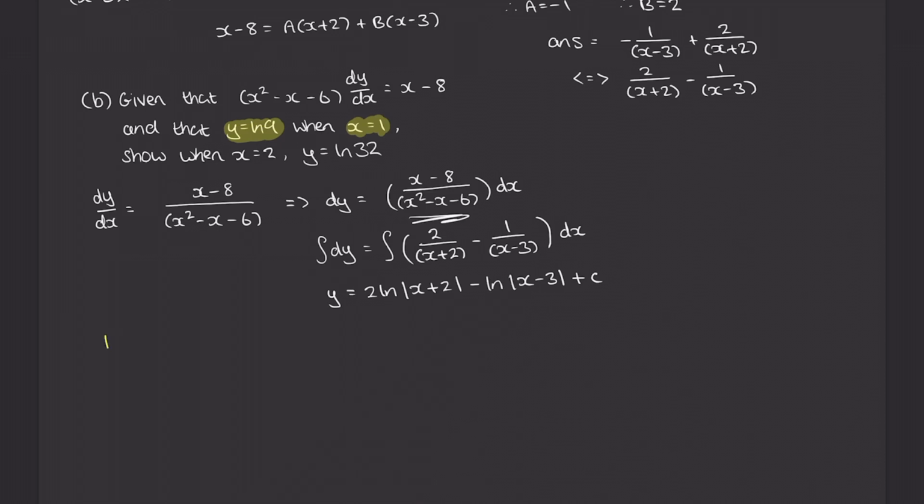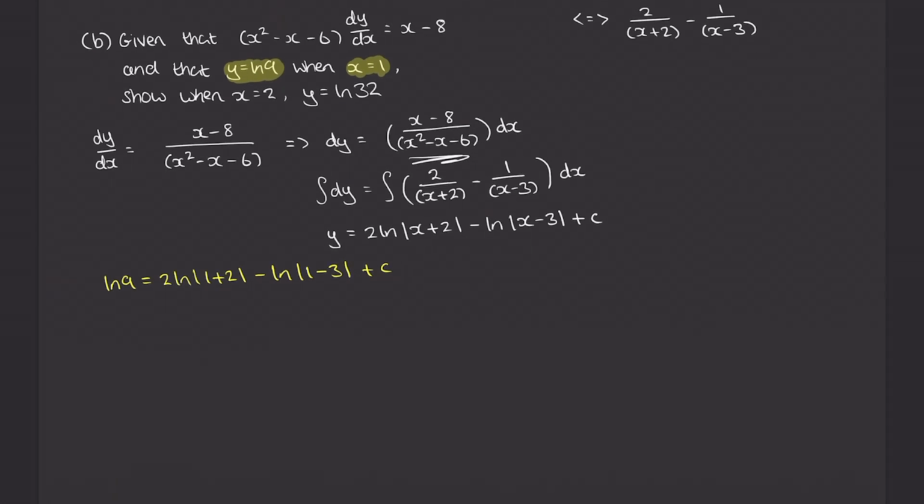So we get ln 9 equals 2 ln absolute value of 1 plus 2 minus ln modulus 1 minus 3 plus c. So what we have here is ln 9 equals, so the modulus of 1 plus 2 is just 3, so it'll be ln 3 squared, and then minus, so 1 minus 3 is negative 2, but we need the absolute value, so it'll be minus ln 2 plus c.